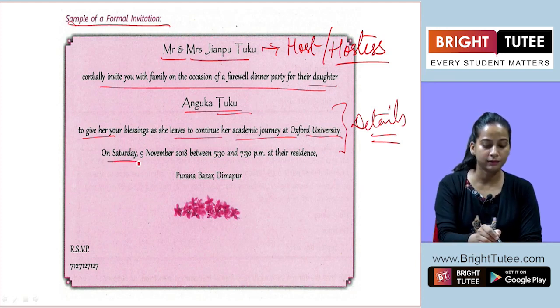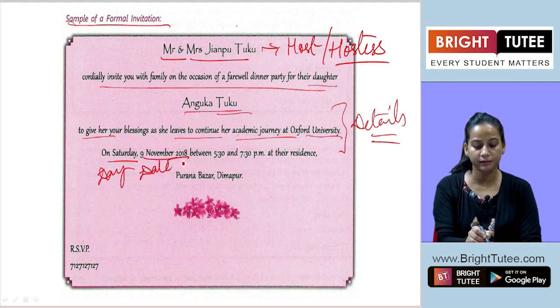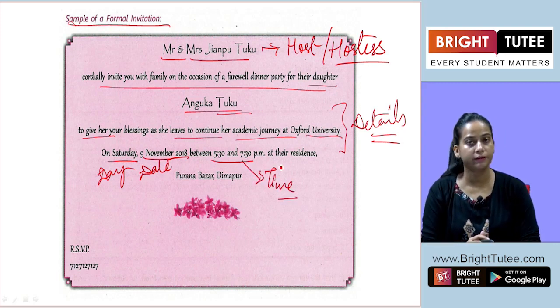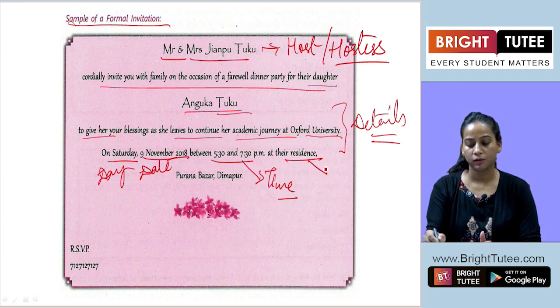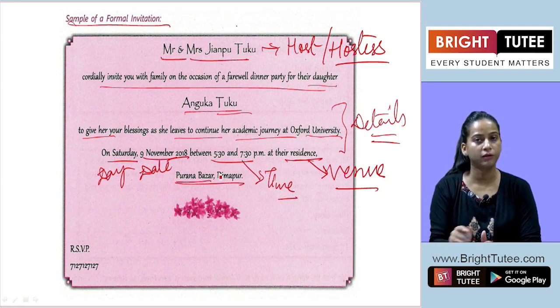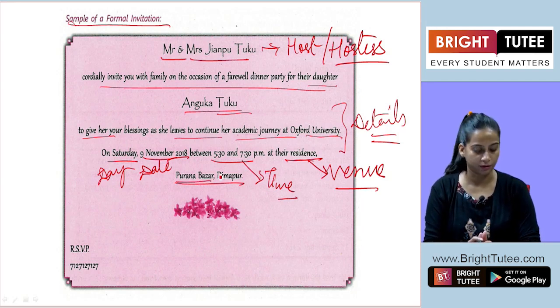Then the day is mentioned, this is the date, on Saturday 9th November 2018, this is the time given, and at their residence. So this is going to be the venue. Then Purana Bazaar, Dimapur, the address they have given.